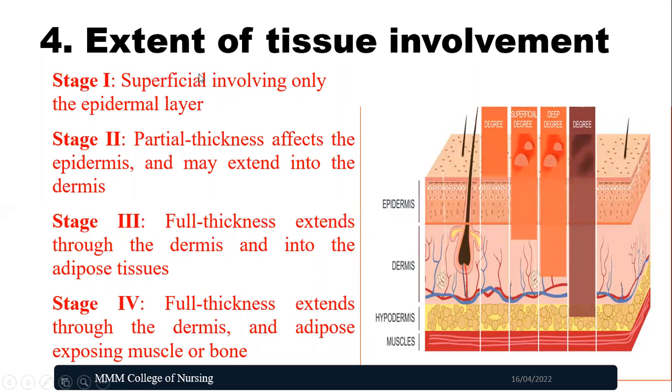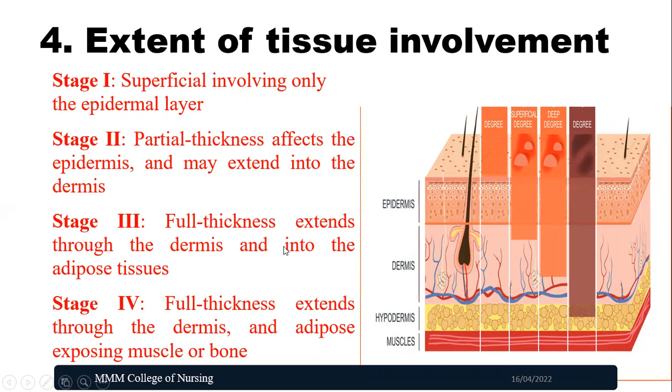The fourth factor is the extent of tissue involvement, based on the depth or how far the wound extends into the skin. We can divide wounds into 4 stages. Stage 1 is a superficial wound, which involves only the epidermal layer, whereas stage 2 wounds are partial thickness wounds, which affect the epidermis and may extend into the dermis.